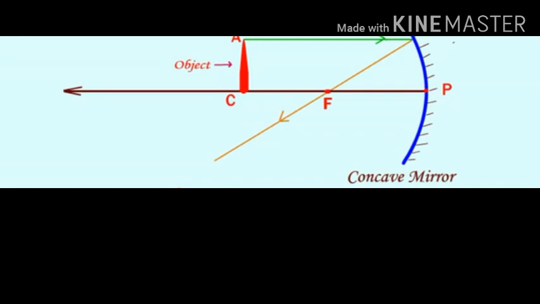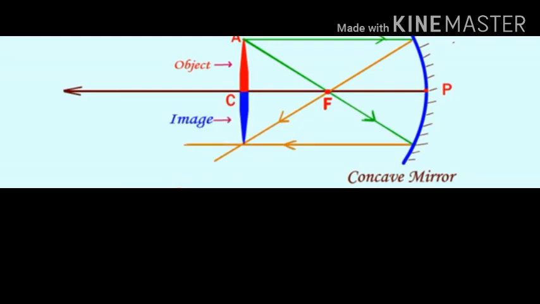The next one is the light ray passing through the focus. What will happen to it? After reflection it will move parallel to the principal axis, and here also we obtain an intersecting point. Just join that point with the principal axis, and that gives the corresponding image.